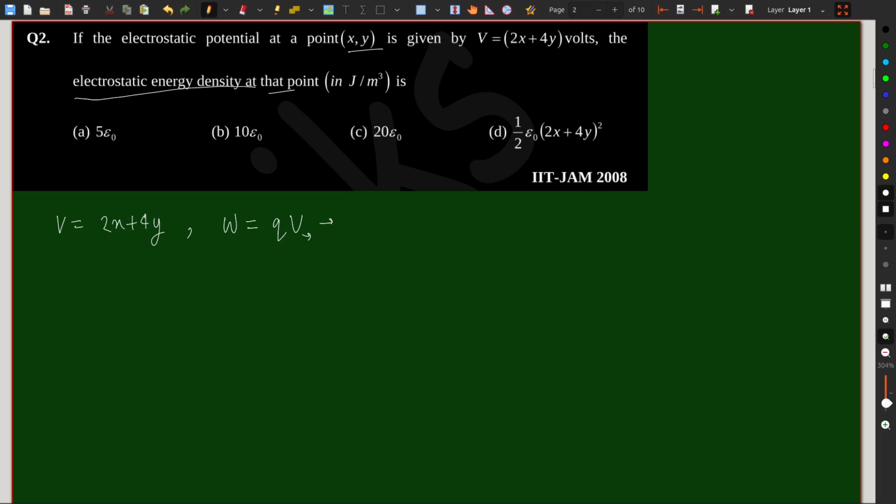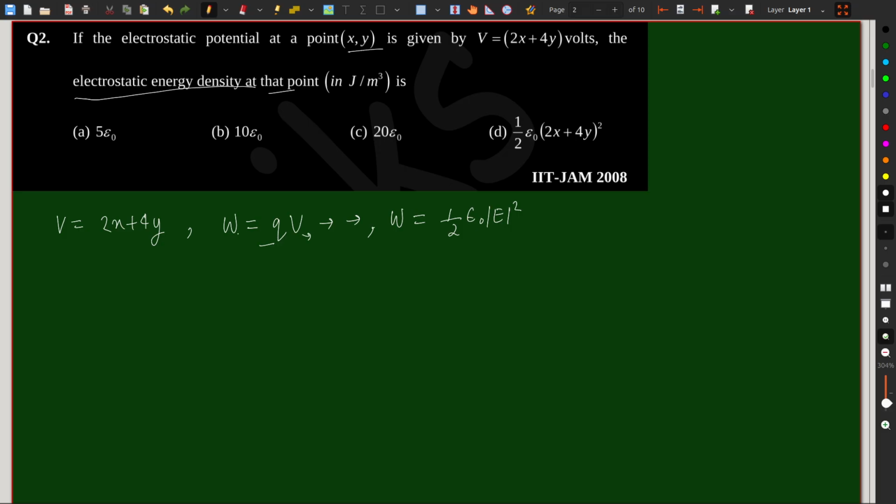this formula is used when the function of the potential is not given, when it is calculated, like when we have to calculate the electric potential. In that case, we will use this formula. Else we have another formula for electrostatic potential energy, which is 1 by 2 epsilon naught mod E square.